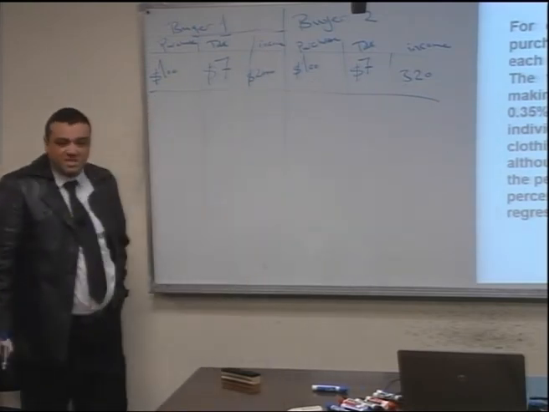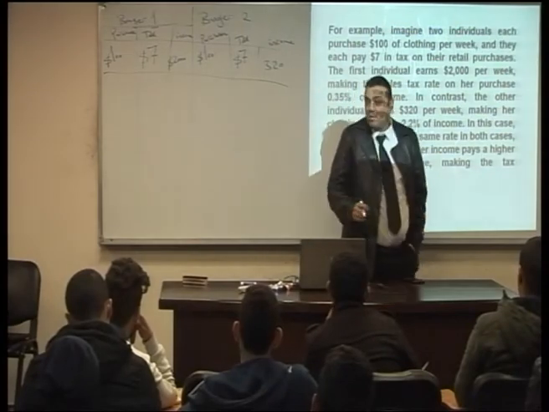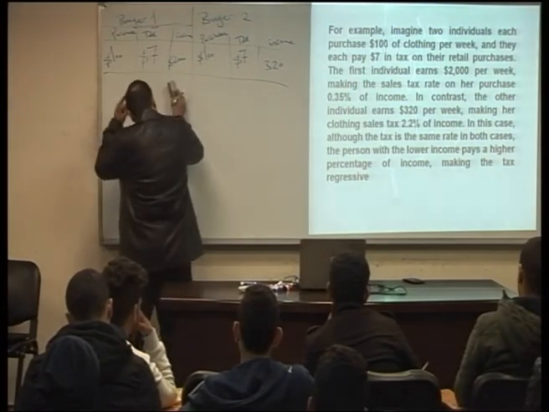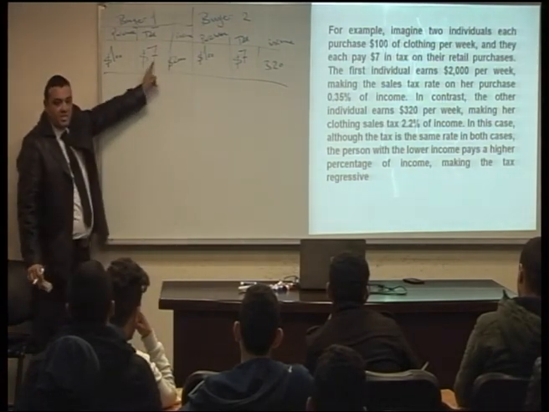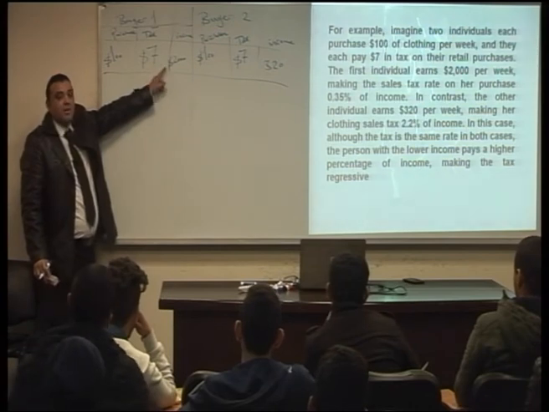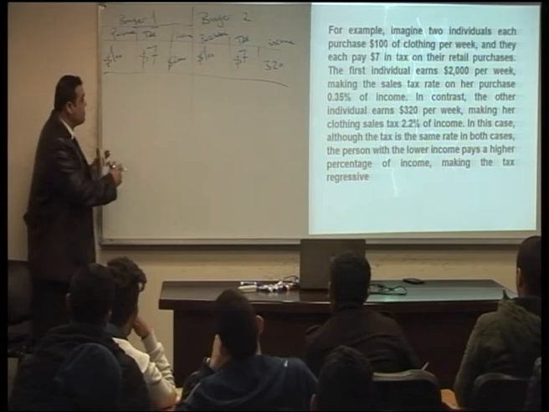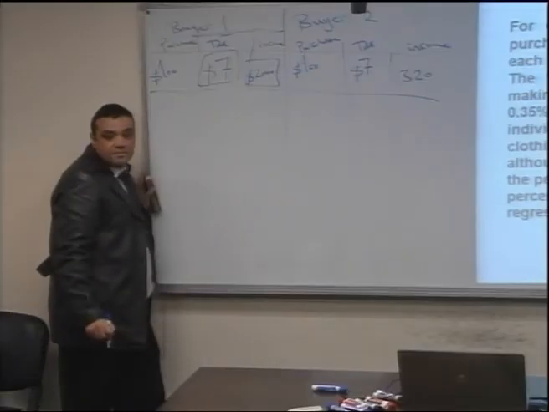How much is the tax rate for the first consumer or for the first payer? How much tax did he pay? Although his income is high, he pays how much? $7 from $2,000.